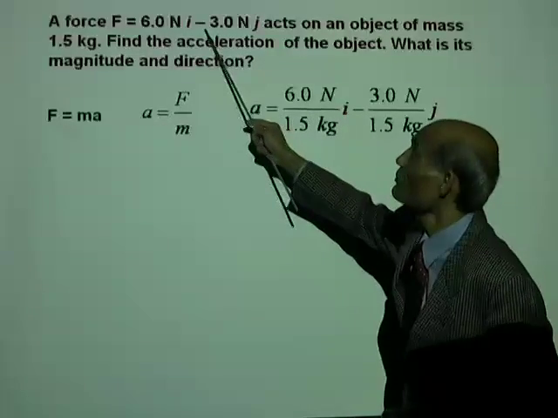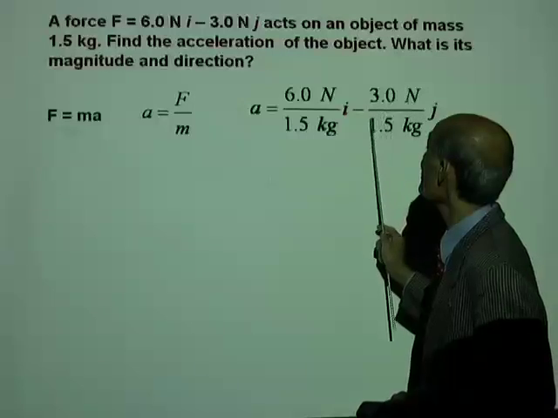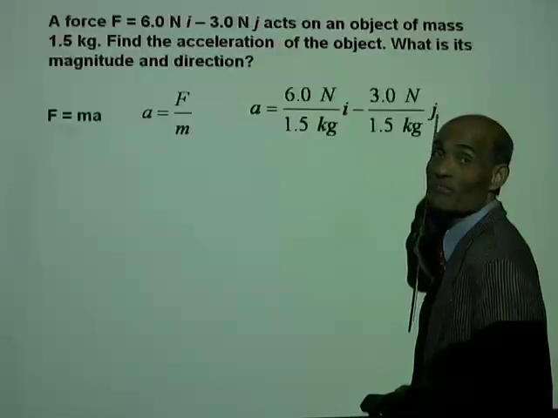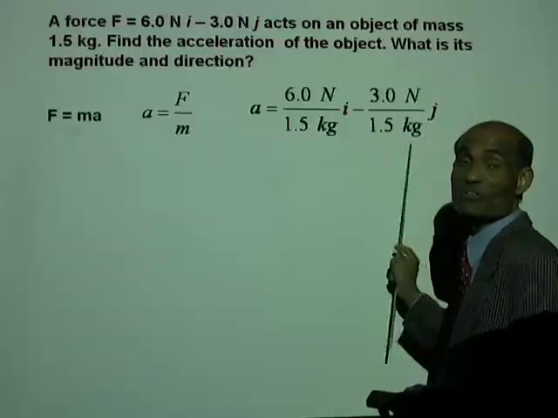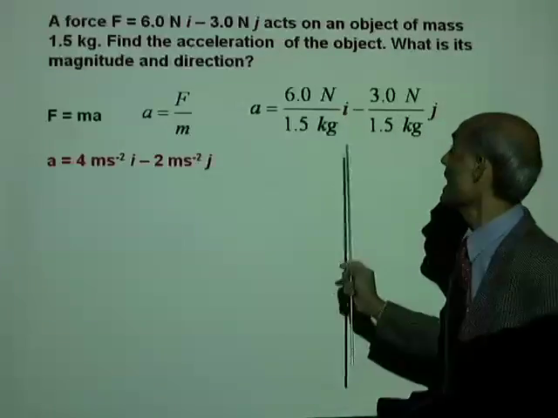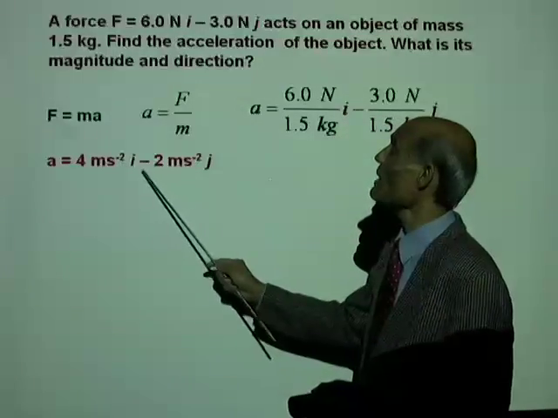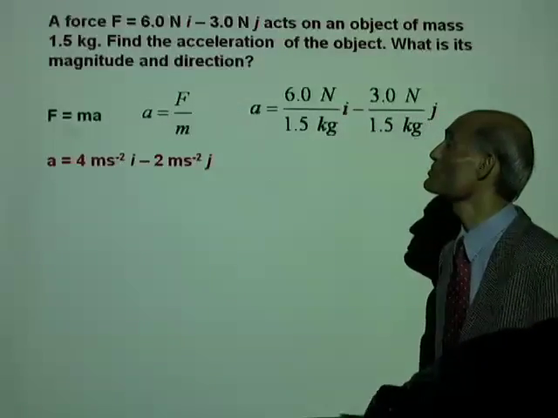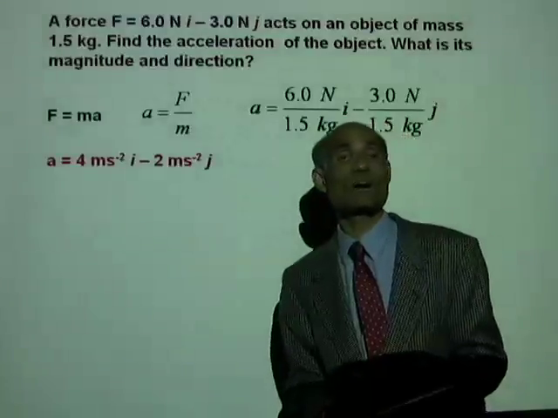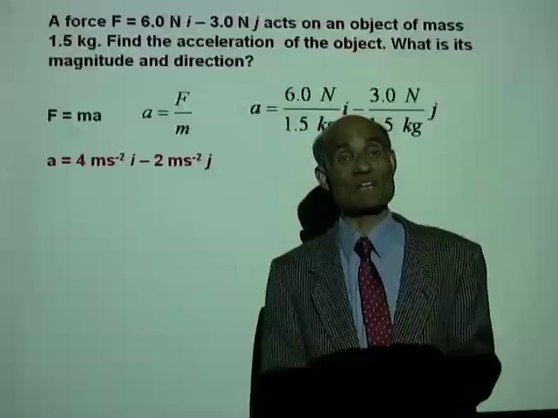Minus, why minus? Because the y force is negative. 3 Newton divided by 1.5 kilogram J, and this is the y component of the acceleration. And that will be A equal to 4 meter per second squared I minus 2 meter per second squared J. This is the component form of the acceleration.